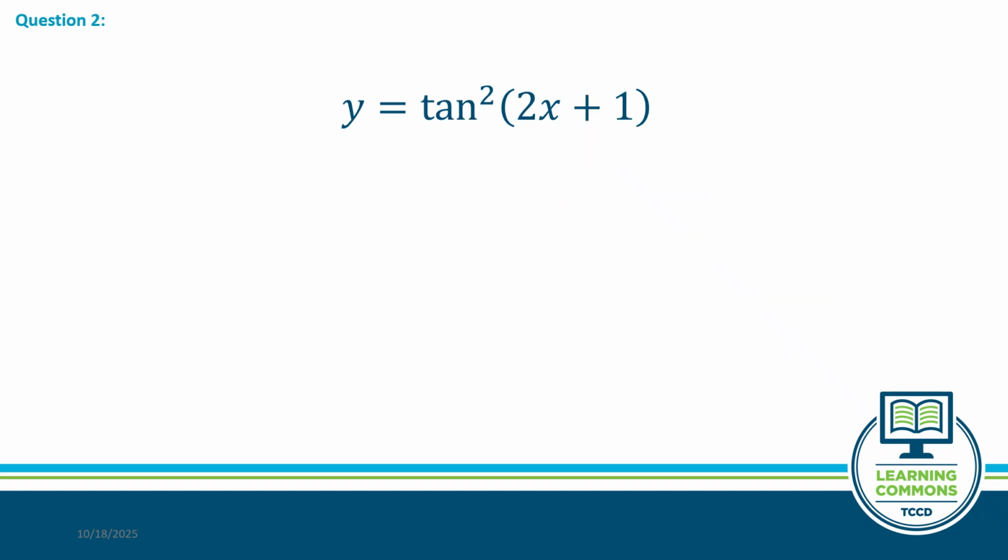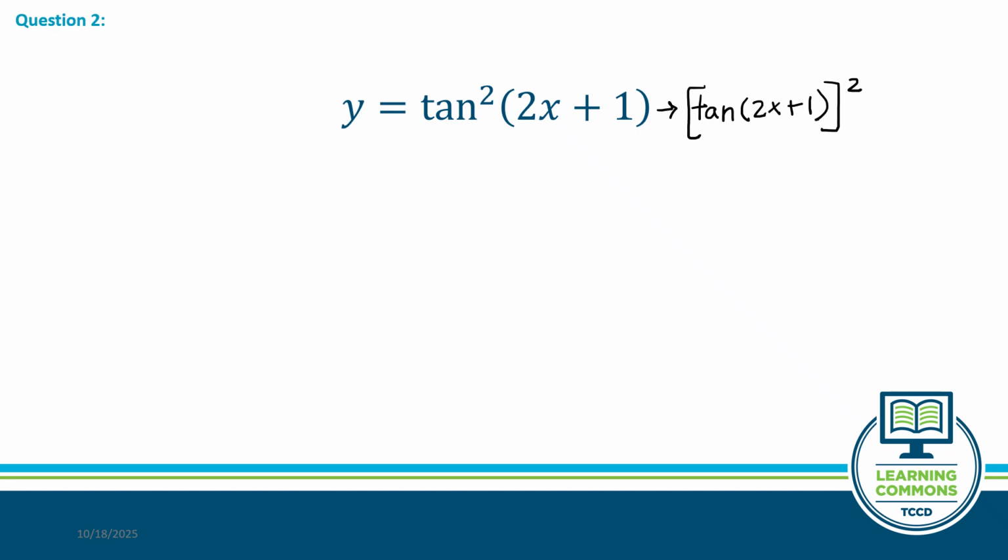So this one is tan squared of 2x plus 1. This one looks a little bit ugly, so I'm going to rewrite it. I'm saying the exact same thing. This is totally fine to do if it is easier for you to see the chain.